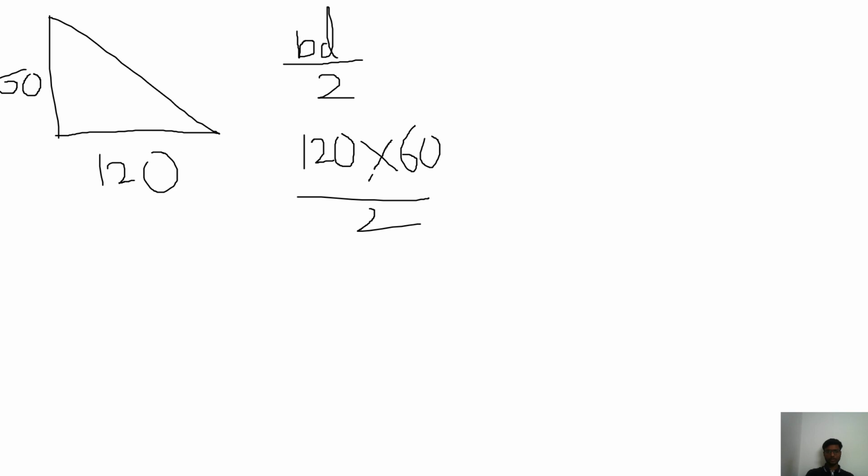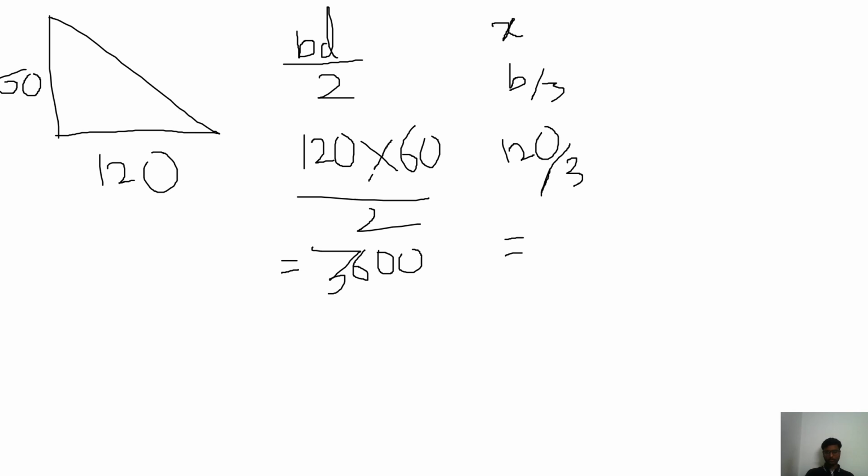Therefore the answer is 3600. Next, to find the centroidal distance from the y-axis, that is x, the formula is b by 3. Therefore b is given as 120 divided by 3 is equal to 40.